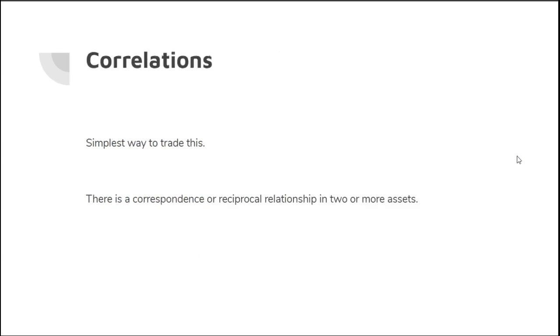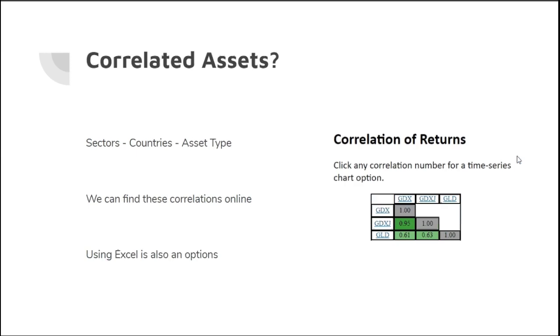So correlations are the simplest way to trade this, and there is a correspondence or reciprocal relationship in two or more assets. How can we find correlated assets? Very simple. We can find them between sectors, countries, and asset types.